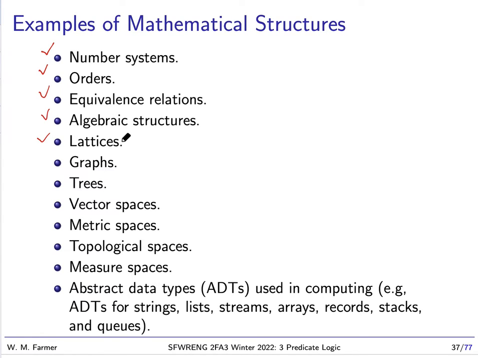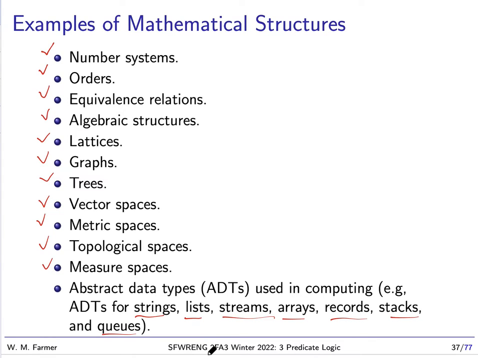Lattices, we sort of mentioned lattices because Boolean algebras are special kinds of lattices, and graphs and trees. Vector spaces. Vector spaces are interesting because there are two domains: a domain for vectors and a domain for scalars. Metric spaces, topological spaces, measure spaces. And then there's a whole bunch of mathematical structures that come from computing, and these correspond to various kinds of abstract data types like strings and lists, streams, arrays, records, stacks, queues, and so forth.